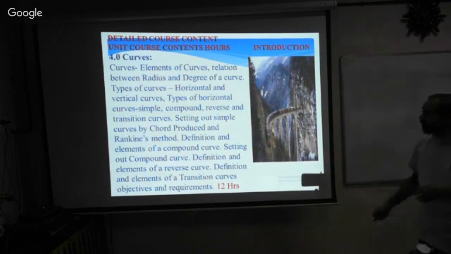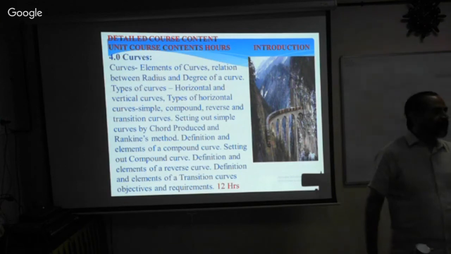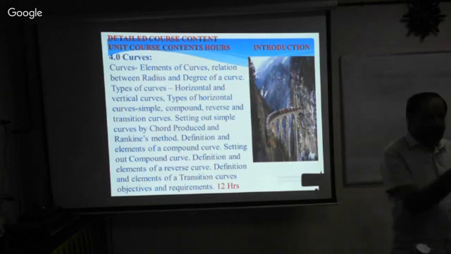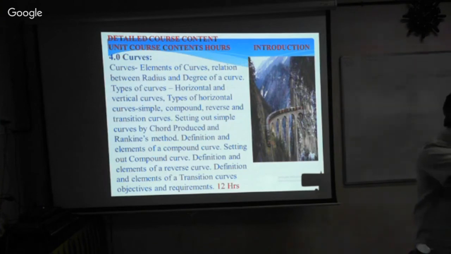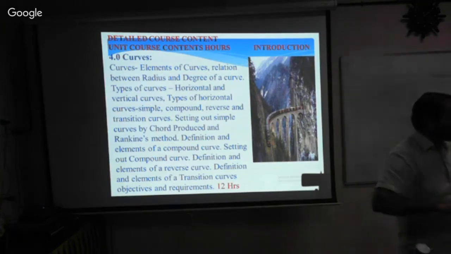The most important thing is in respect of surveying. Now we need to understand the types of curves. When you are moving ahead, sometimes you will turn to the left, sometimes to the right, sometimes you may go up, sometimes come down. Therefore, we have to understand the classification of curves.